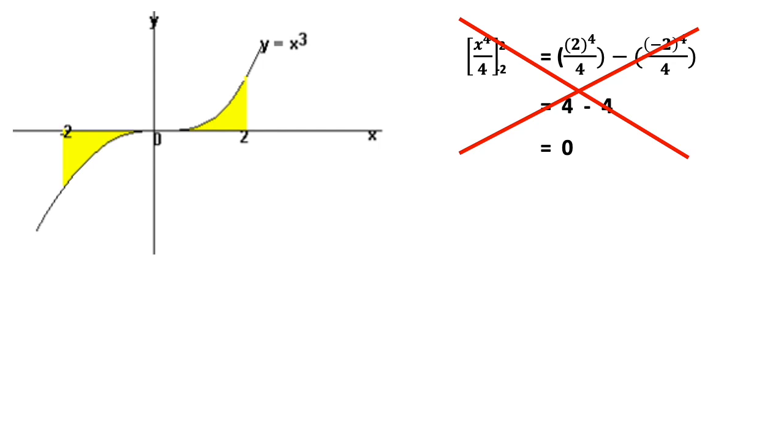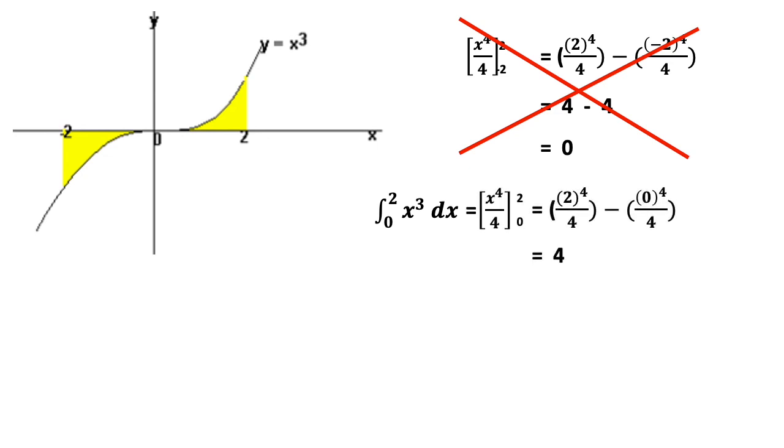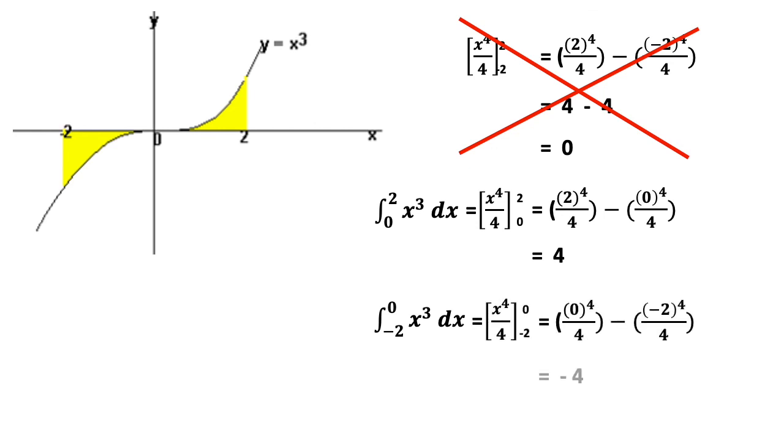Instead, we have to split the graph up and do two separate integrals. The area above the x-axis is between x equals 0 and x equals 2, therefore the limits are 0 and 2. This gives us 4 as an answer. The area below the x-axis is between x equals 0 and x equals minus 2, therefore these are the limits for a second integral. This gives us minus 4 as an answer.